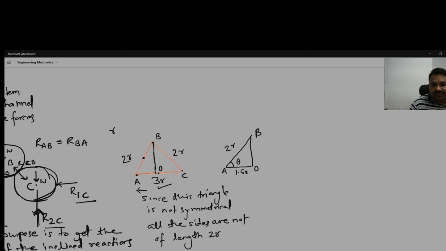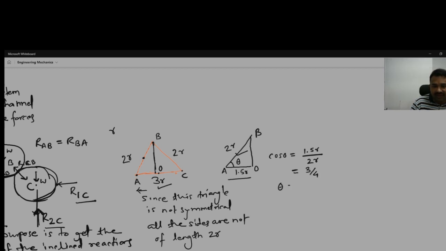So here cos theta will be what? This length 1.5R means base, and the diagonal, this one diagonal, this is 2R, means it is 3/4.